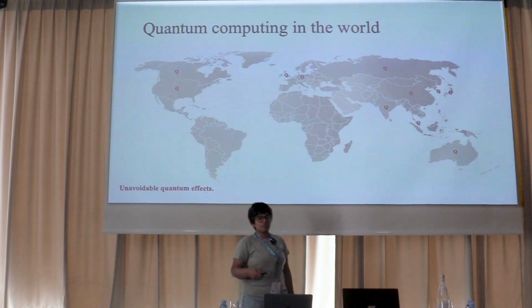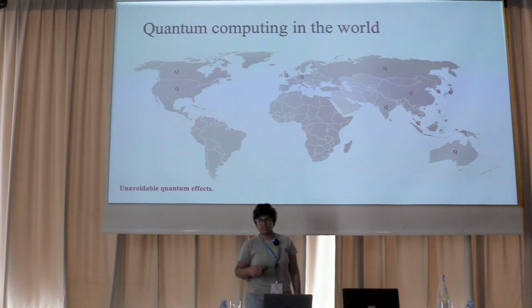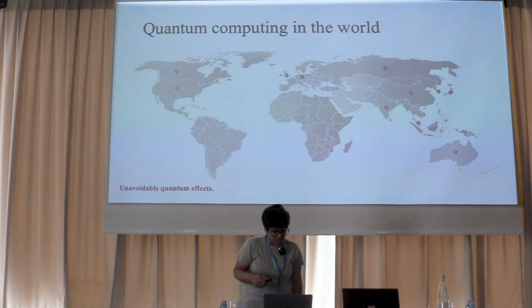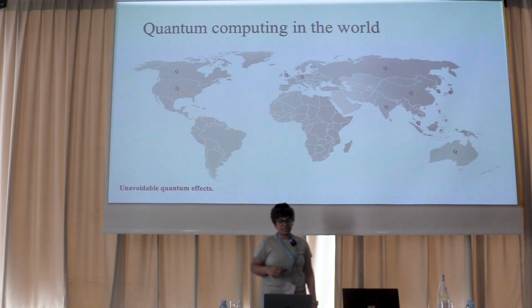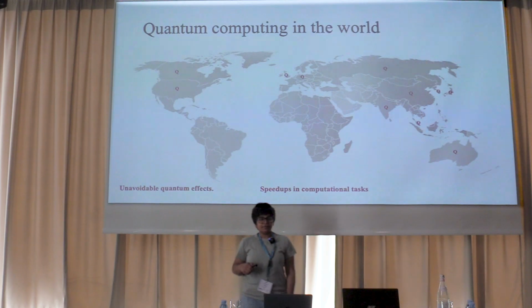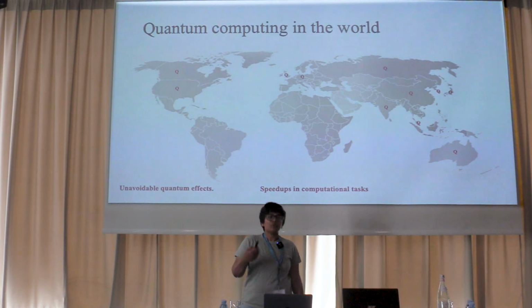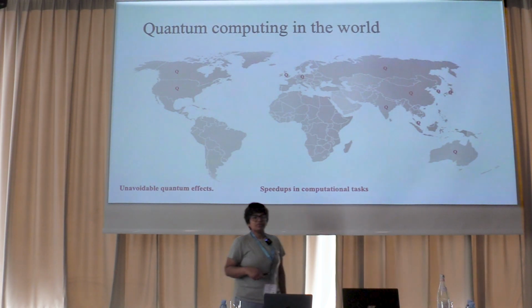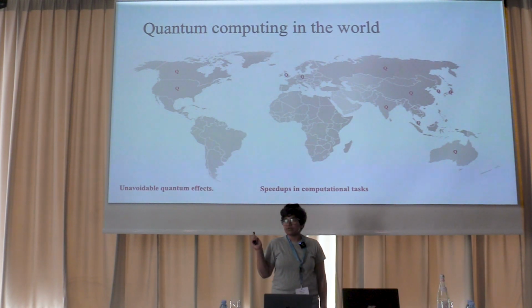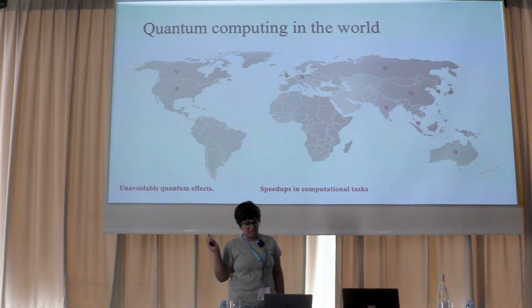That also probed the question of what we can do with a quantum computer or with quantum particles interacting. And a more promising reason is that people saw theoretical speed-ups in computational tasks, 2 or 3 of which I will be discussing in this talk today.